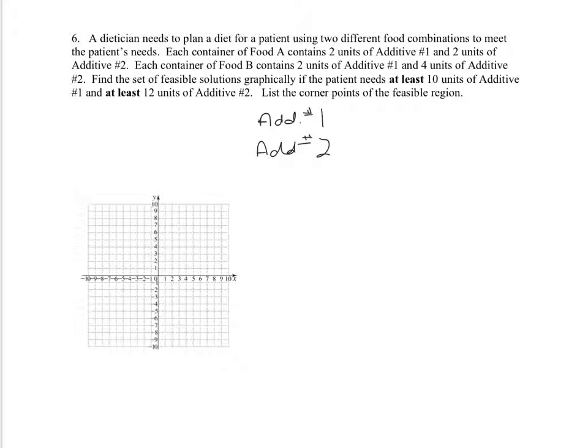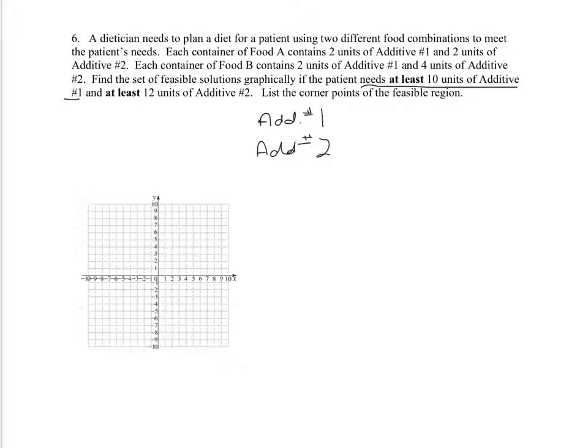So we're not going to write an equation for food A and food B. Instead, since they're asking us to find the feasible solutions when the patient needs at least 10 units of additive 1, let's get an equation that relates the information about additive 1.